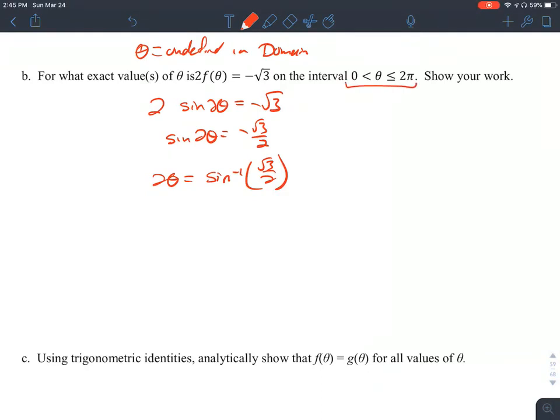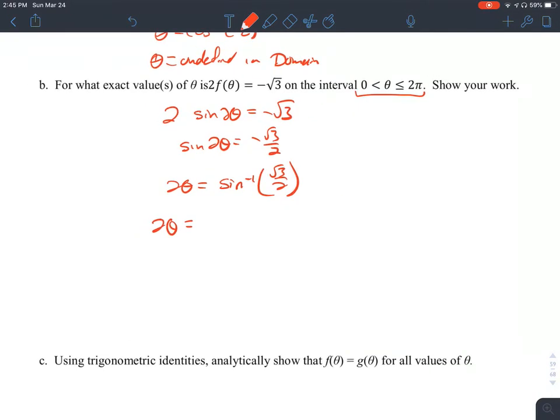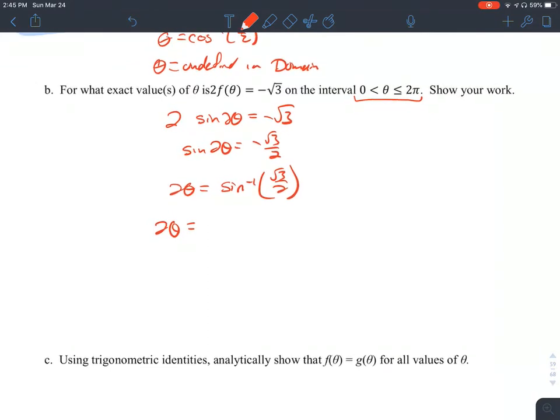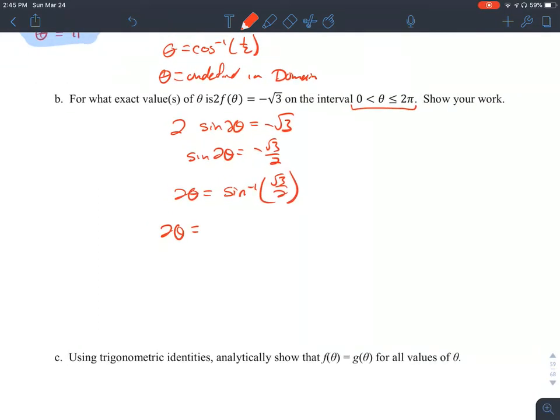This is in one complete revolution around the unit circle. Square root of 3 over 2 for the y value happens in quadrants 1 and 2. So 2 theta is going to equal, let's see here, I'm sorry, this is negative.